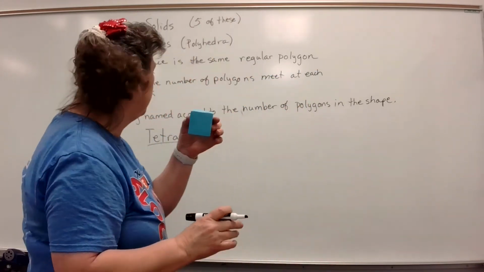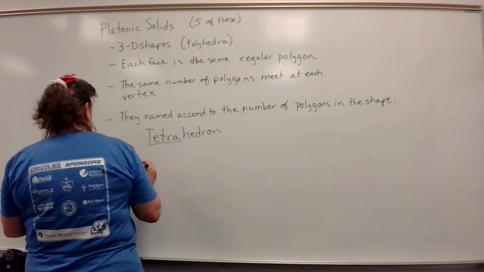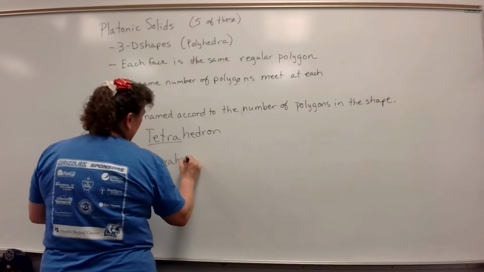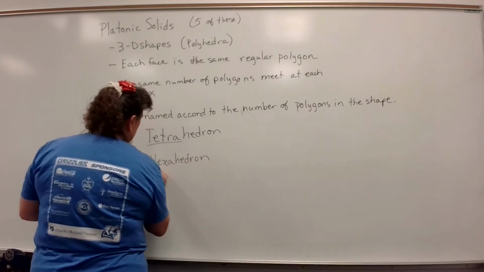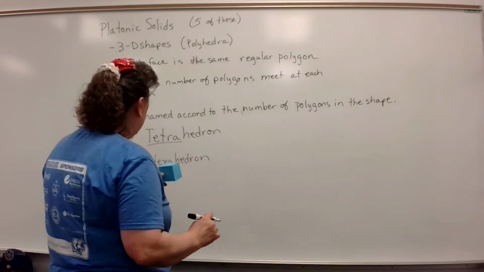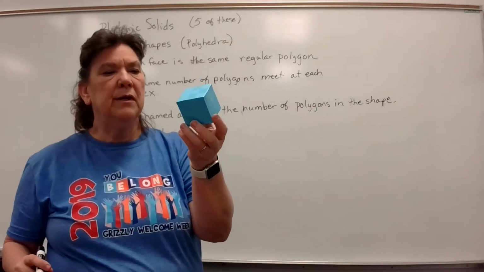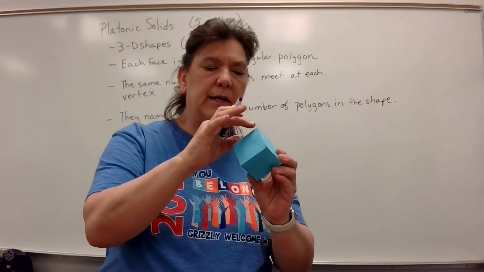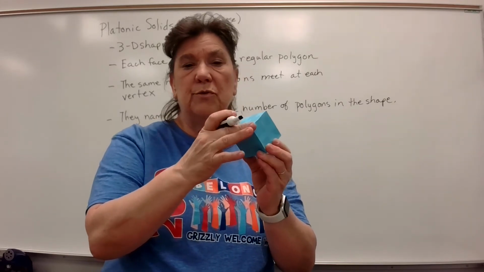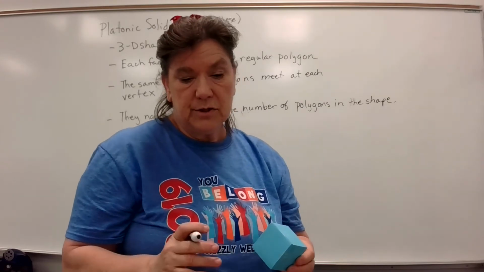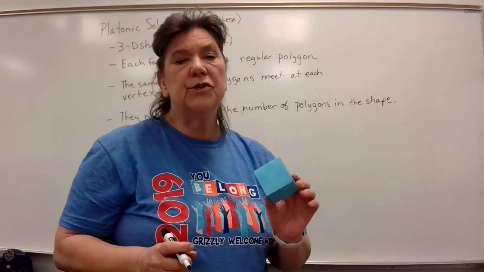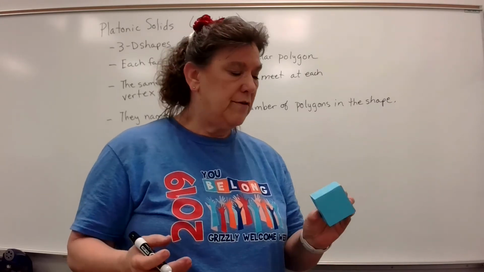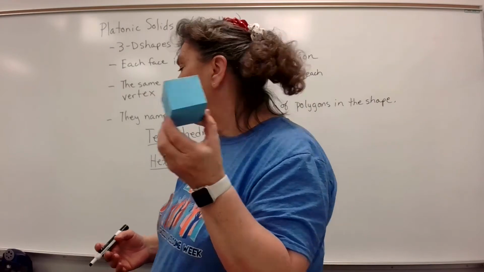Therefore, the name of this one is the hexahedron, hex meaning 6. As you look at this hexahedron, you notice that 3 squares come together at each vertex, just like in the triangular tetrahedron, where 3 came together. Now that's not going to be true for all of them. So anyway, these are what these are.